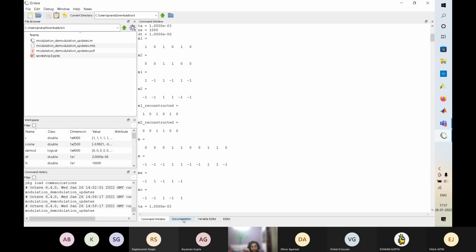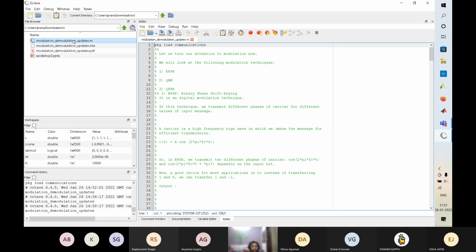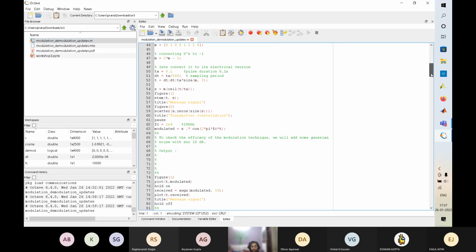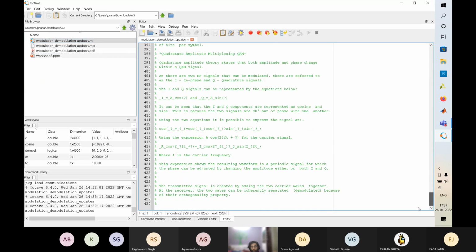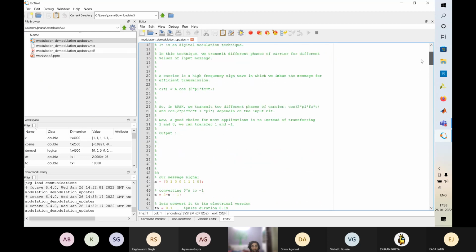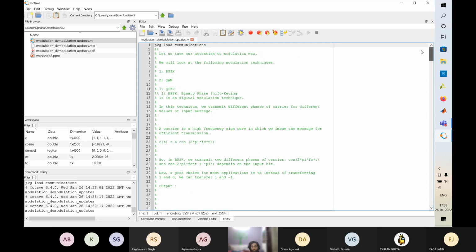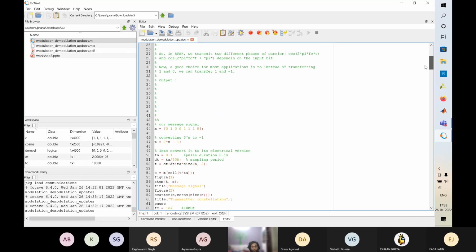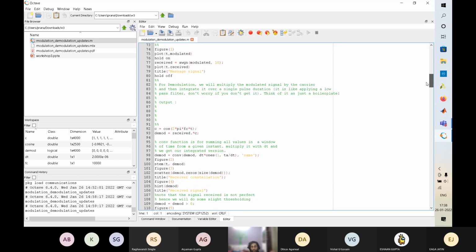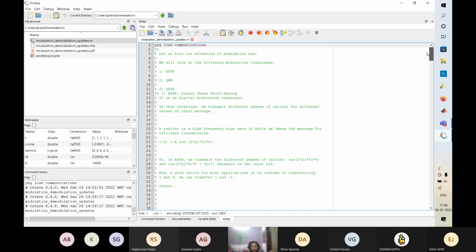If we see this file, the code is huge. We can't debug and write all this code at the same time. So usually we divide this code into a few parts and make functions.